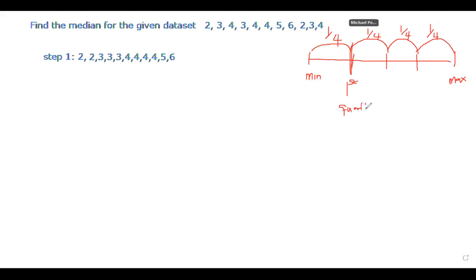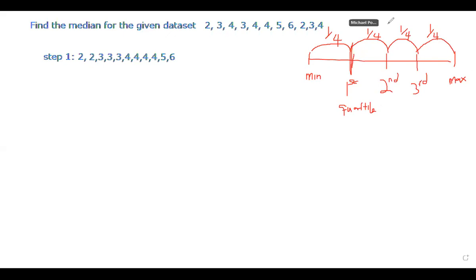So quartile means into 4, right? So first quartile. This is the second quartile, and this is the third quartile. So this means the first 25%, the second 25%, the third 25%, and then the last 25%.